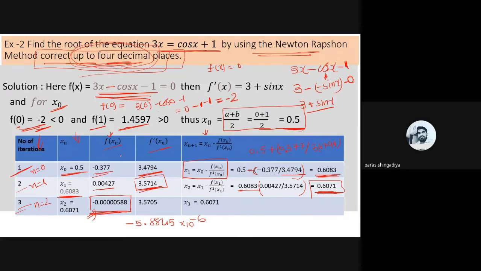Did you understand what I said? Is it clear to all? Yes, sir. Good. Remaining students, have you got this answer, 0.000588, in the calculator? Good.